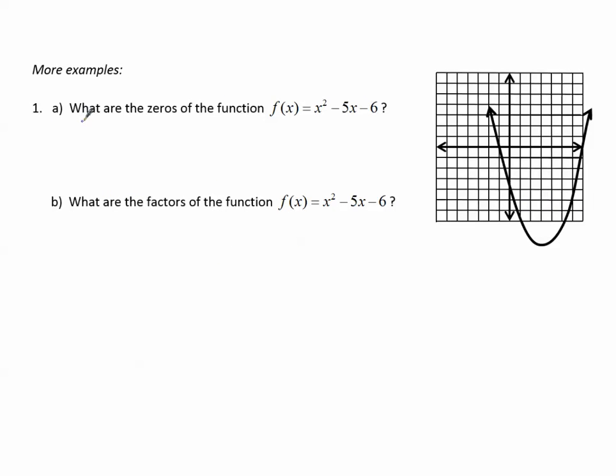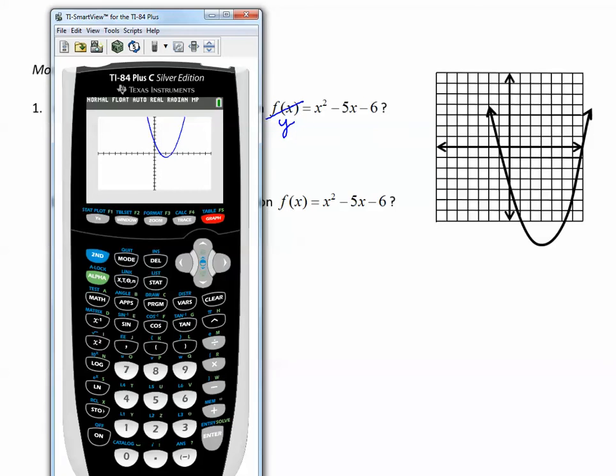Number 1, what are the zeros of the function f of x equals x squared minus 5x minus 6? So again, remember f of x is another way to say y. So what we could do is go to our calculator in y equals and type that in.